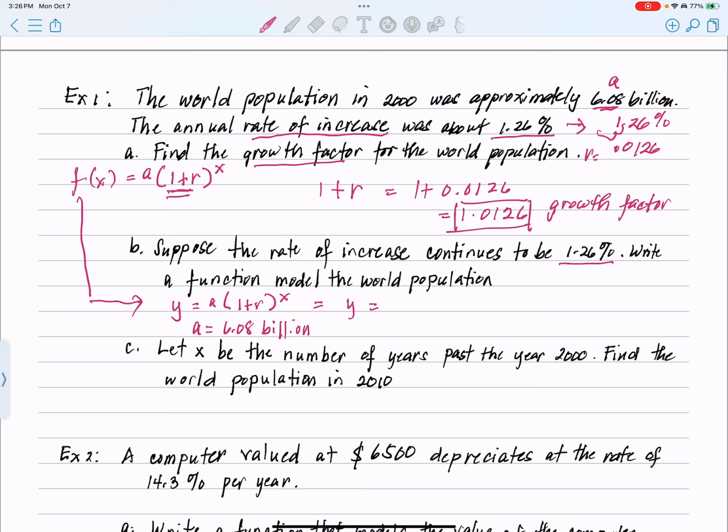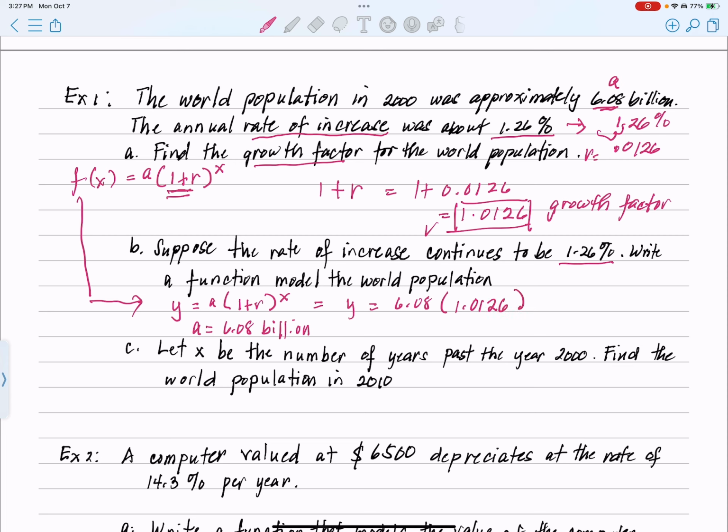Now we'll substitute that: 6.08 times what is our 1 plus r. We have it already here. That is 1.0126 to the power of x.